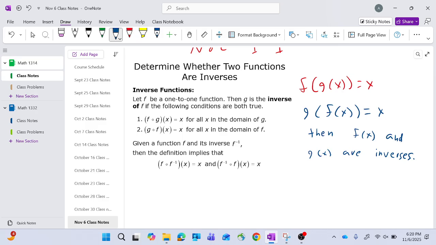If f of g of x equals x and g of f of x equals x, then f of x and g of x are inverses. They both need to be true, not one or the other. They both need to be true. Okay? And that's essentially what this whole thing right here is saying. That they both, that f of g of x and g of f of x both need to be x.